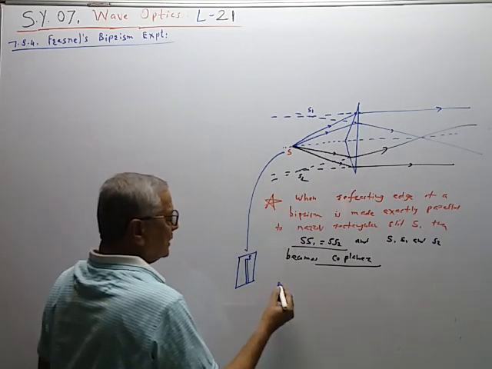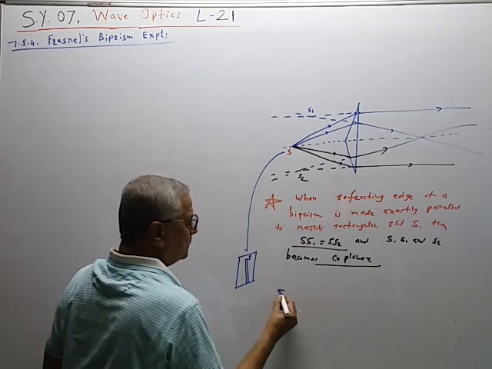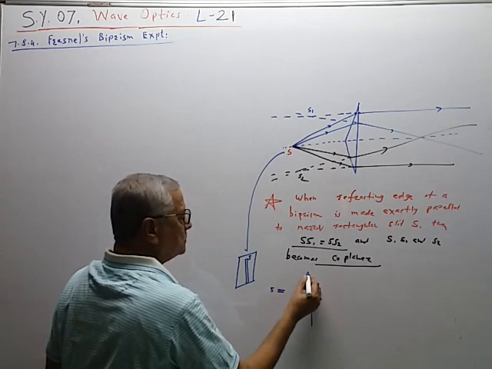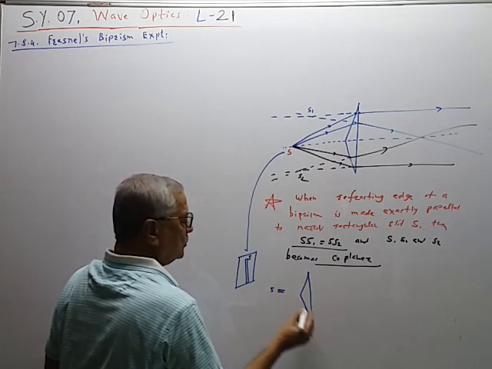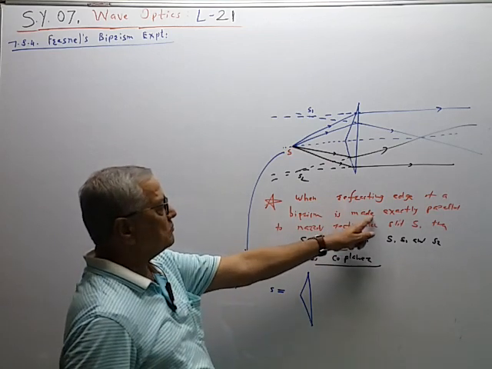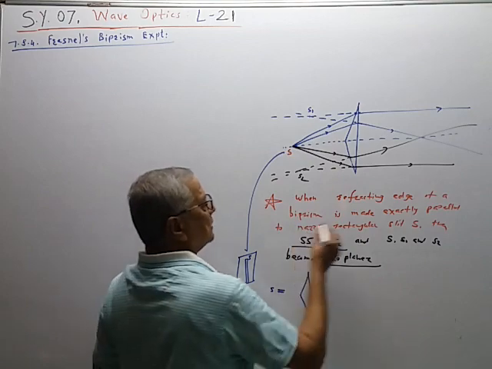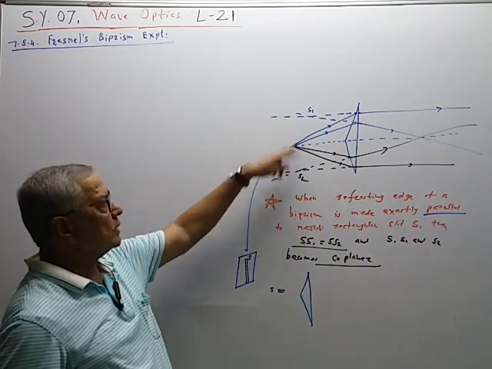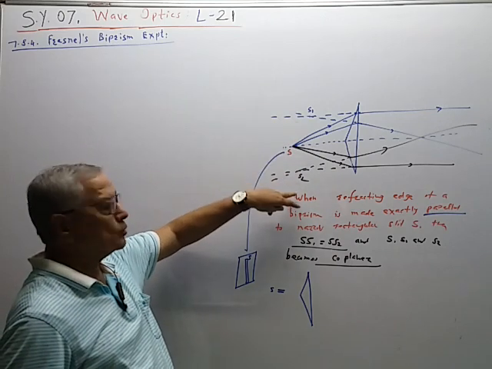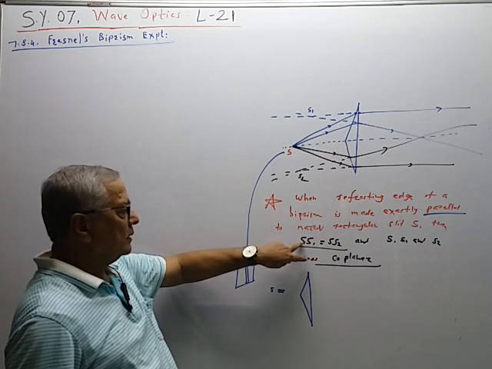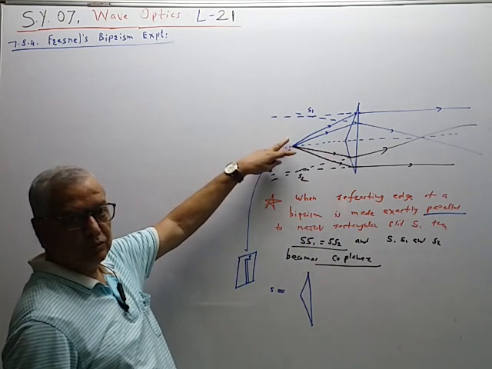So this is the slit S. This is the biprism. So the slit and the edge of the biprism are made exactly parallel. In this case, we get the two virtual images S1 and S2. They are coplanar and distance SS1 equals SS2.